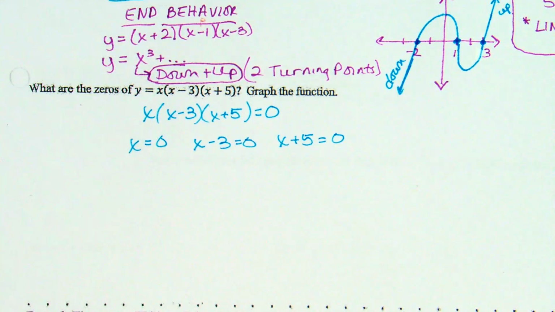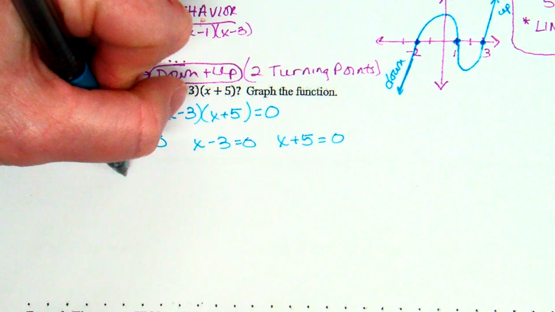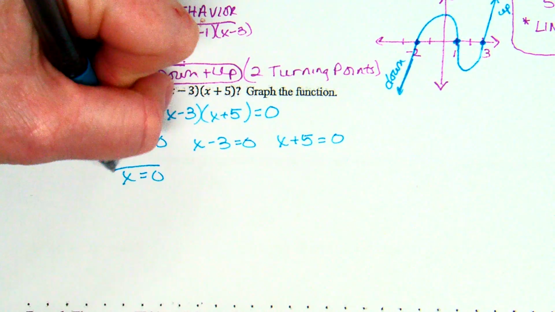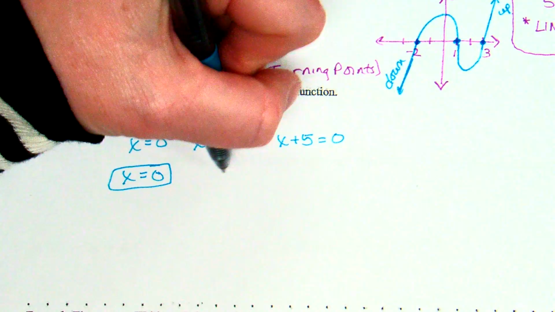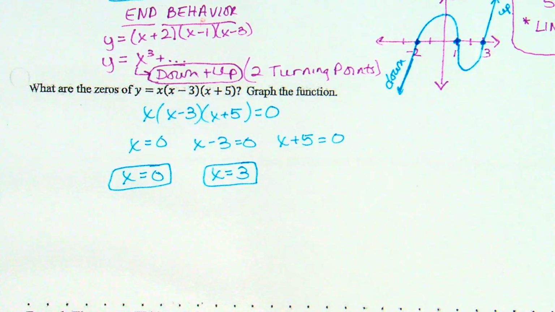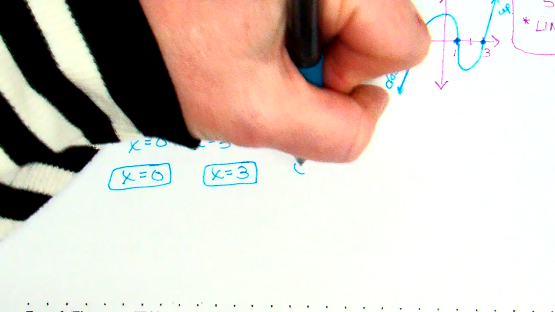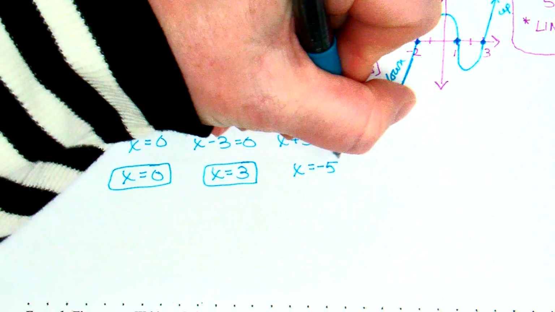Well, if x equals 0 and you solve it, then x equals 0. If it says x minus 3, you add 3 and now x equals 3. If x plus 5 equals 0, subtract 5, x equals -5.